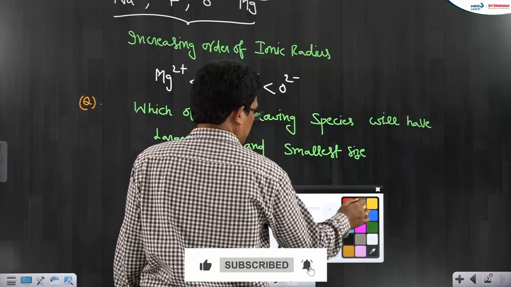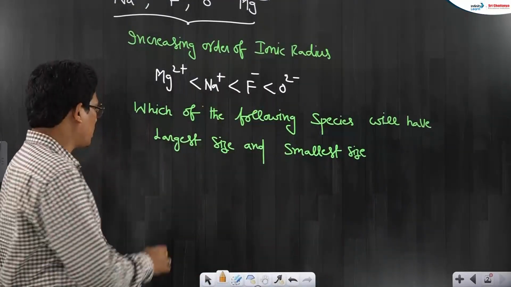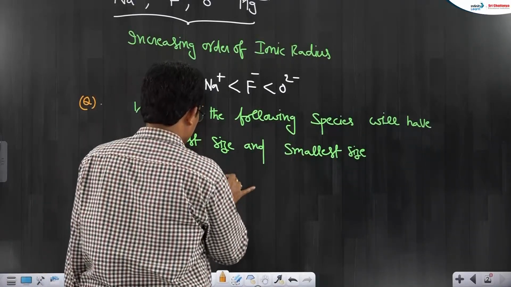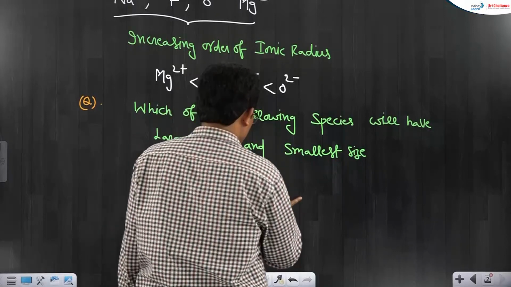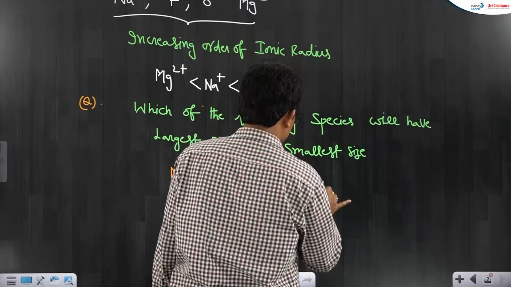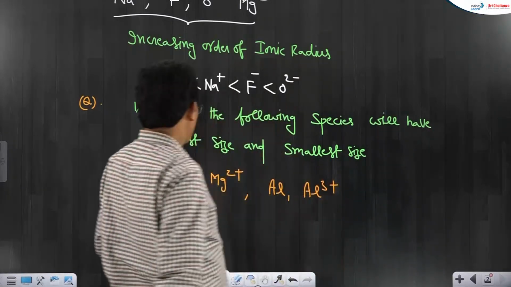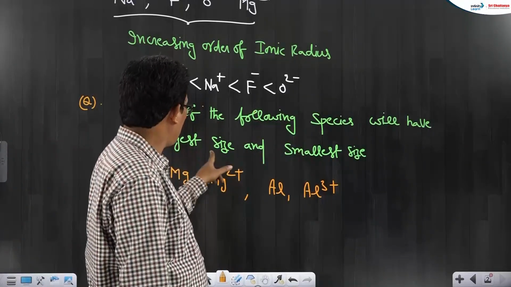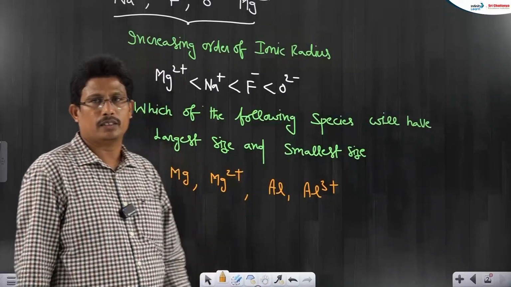Here the given species are Mg, Mg2+, Al and Al3+. Among these, which species will have large size and small size?